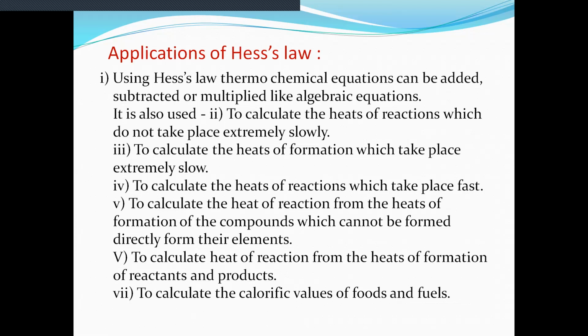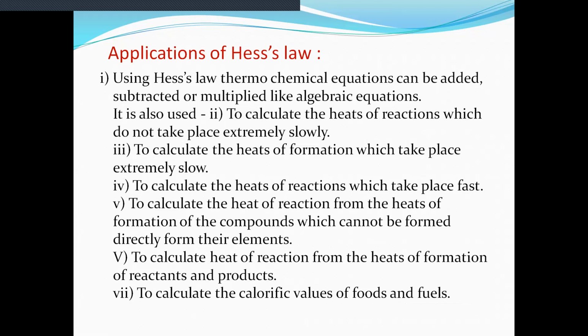Now after that we have seen heat capacity and molar heat capacity. Molar heat capacity is of two types: molar heat capacity at constant pressure and molar heat capacity at constant volume.